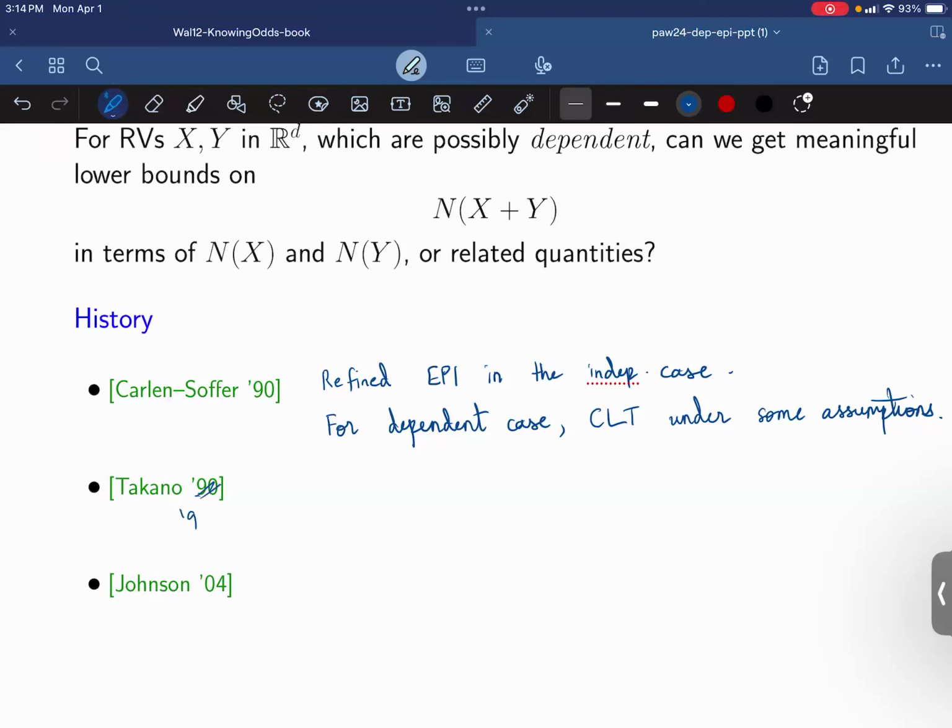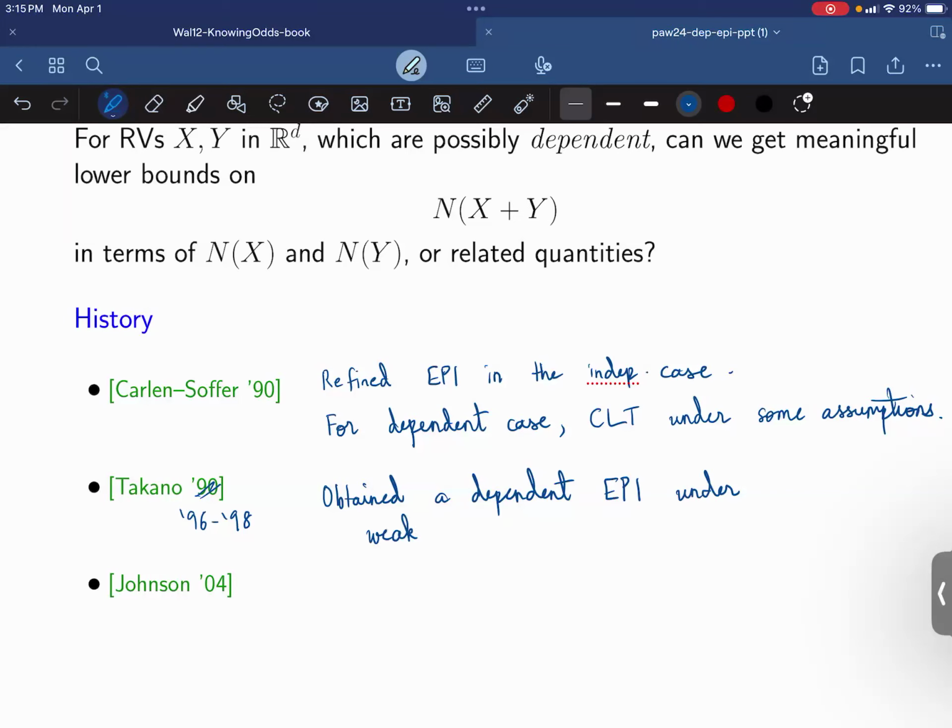Okay, so Takano, in actually this year is wrong. It's maybe I think 96 and 98, or maybe it was 94 and 96. In a couple of papers, he looked at proving dependent entropy power inequalities as well. And he also obtained a dependent EPI, but under some slightly complicated assumption, some weak dependence assumption.